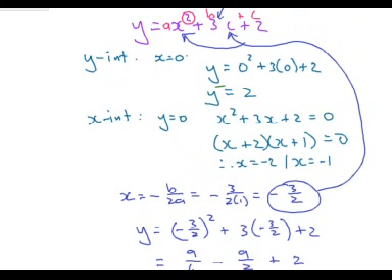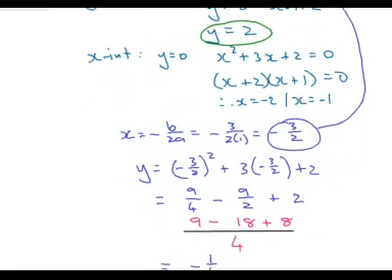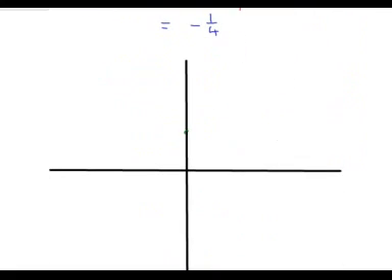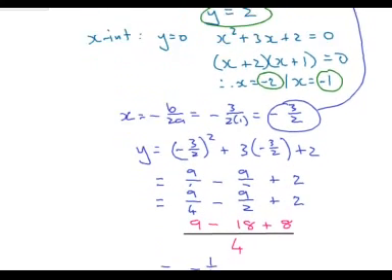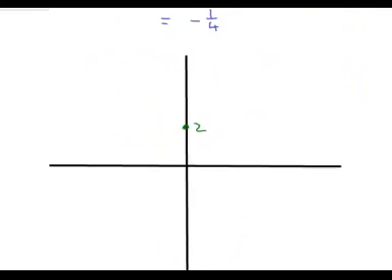Alright, so what we can do then is to draw the axis diagram and go back to what we have. The y-intercept is at 2. Alright, so let's say that's about there. The x-intercepts were at minus 2 and minus 1.